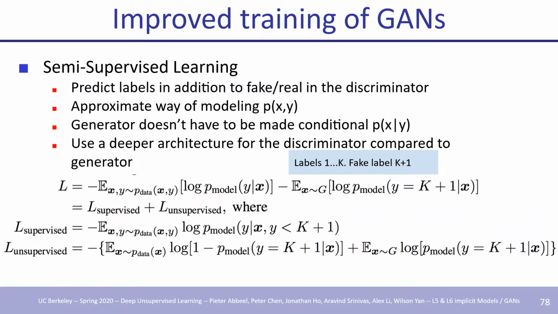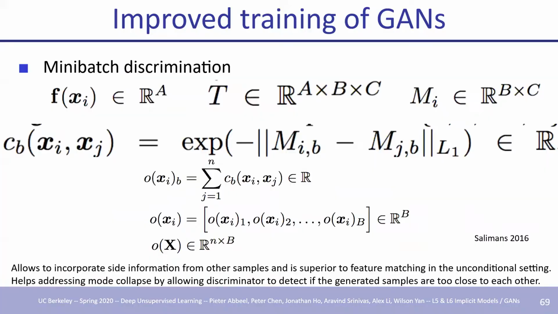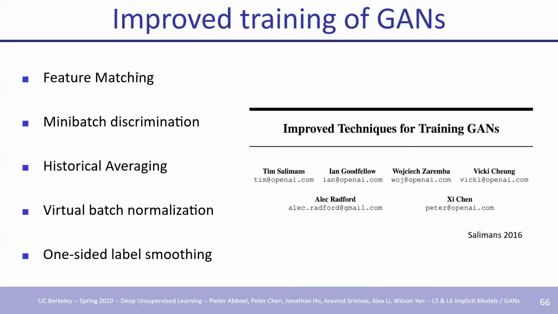Okay, so those were the 5 improvements. So I can go back. The feature matching, where we matched lower level features other than the final one. Mini batch discrimination, where we looked at the distance between the images, the features of the images. Historical averaging, regularization by using the history.